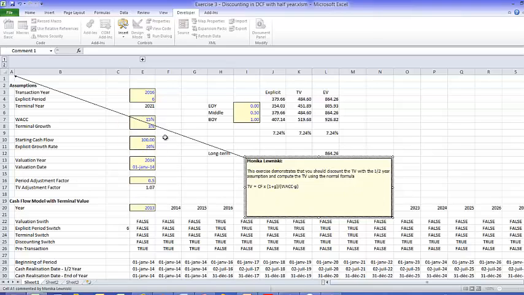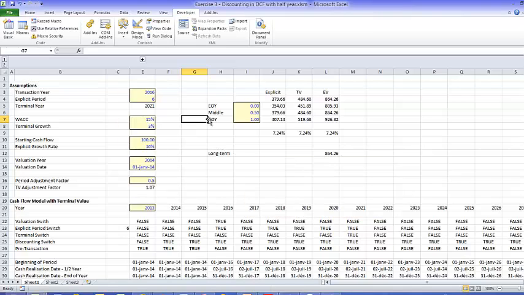Okay? No special adjustment necessary. That's the point of this exercise.